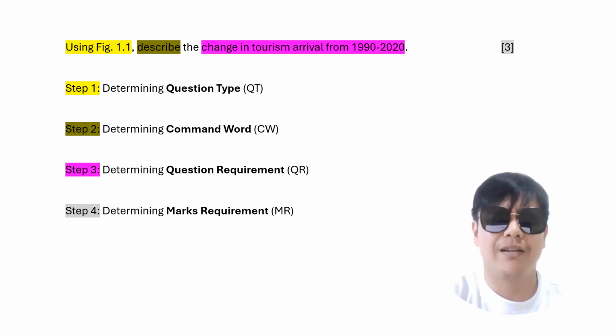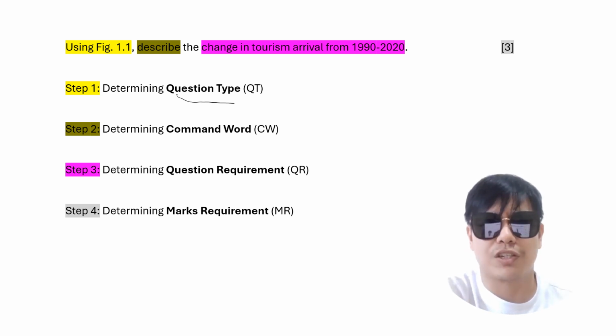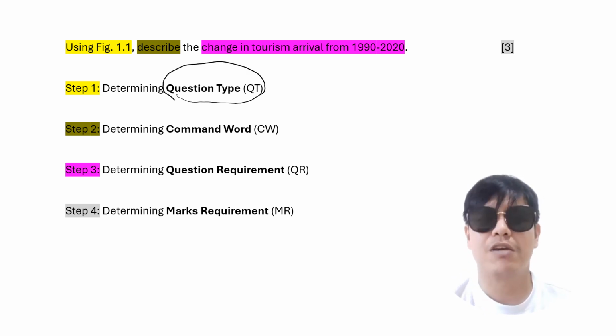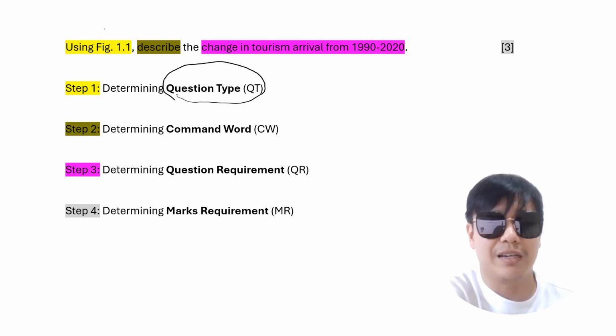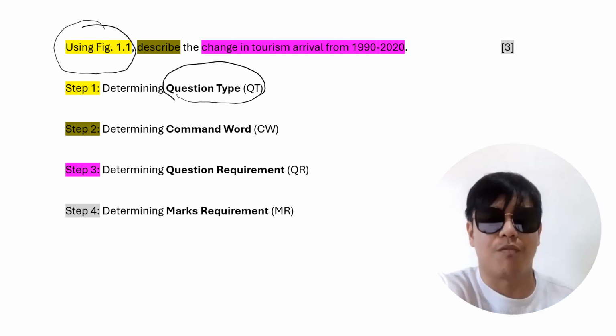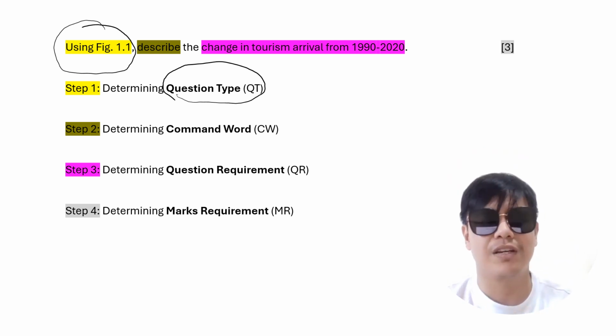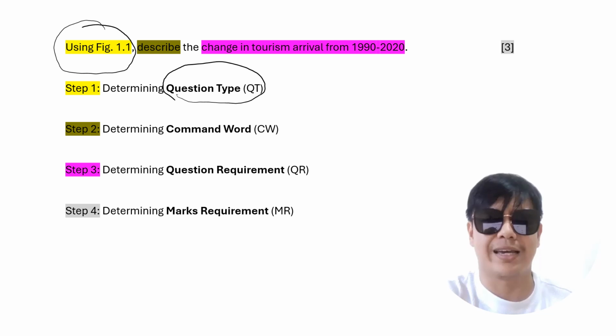So for step 1, it is really determining the question type. Okay, there are many question types that are asking for different requirements, and this will be touched on in another video. But the question type over here is using figure 1.1. The first 3 words of the sentence will actually tell you this is an AO2 question.